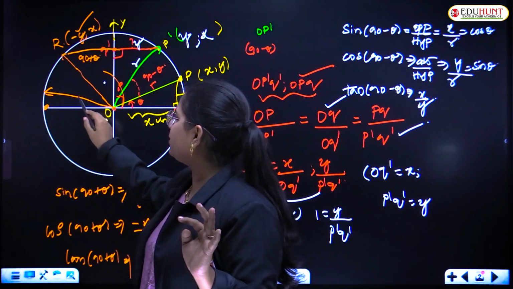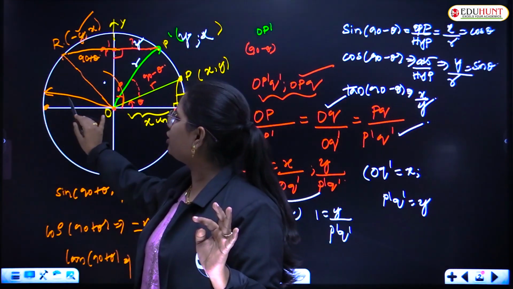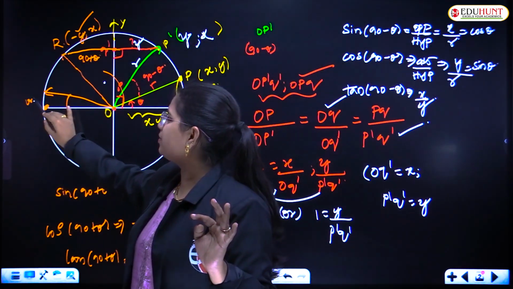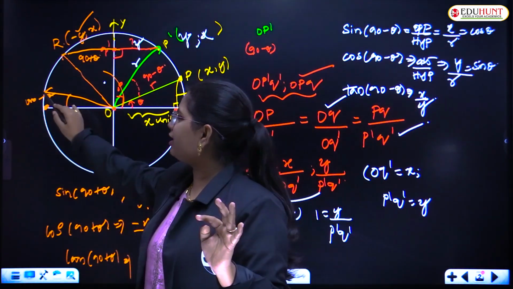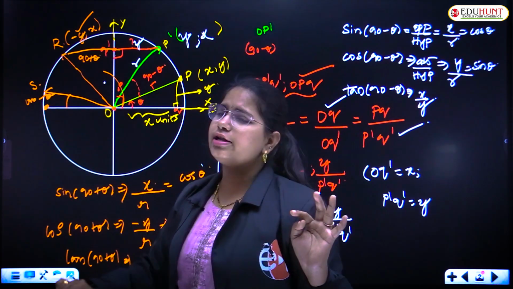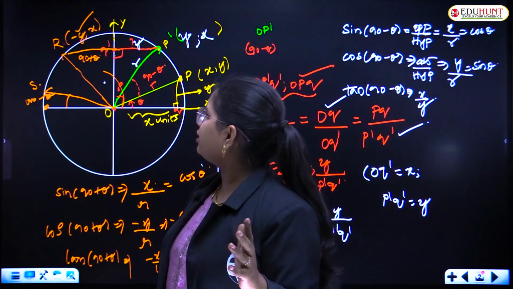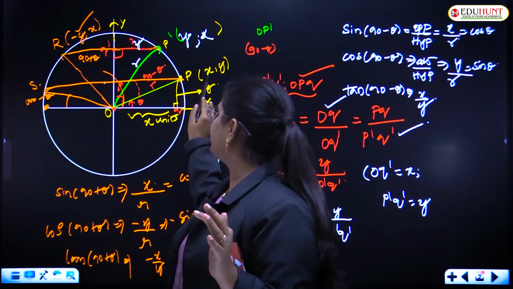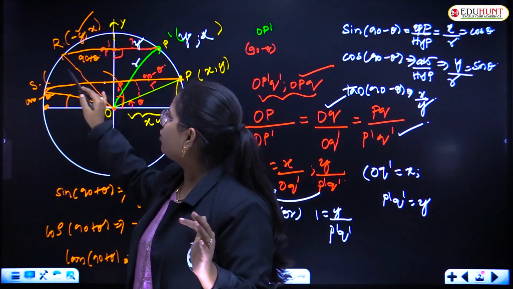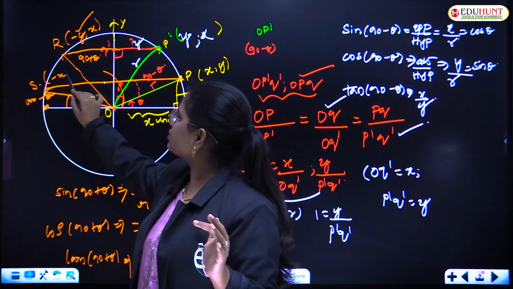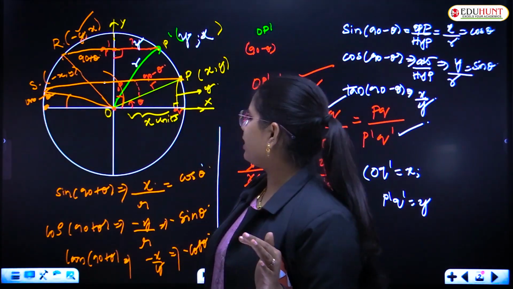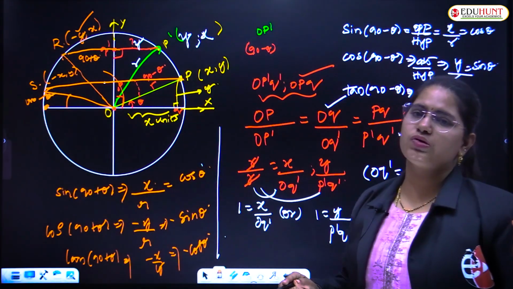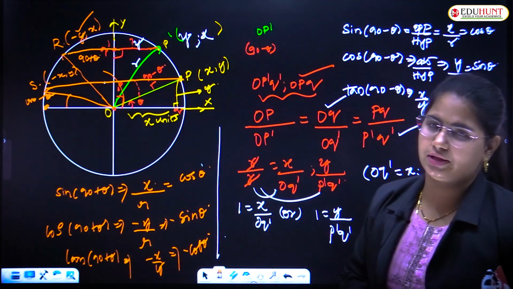So this part will become 180 minus theta degree. So let me take the coordinates of S. The coordinates of S are exactly symmetrical to the coordinates of P, which become minus x comma y. Correct? So from that you can derive the values of sin 180 minus theta.